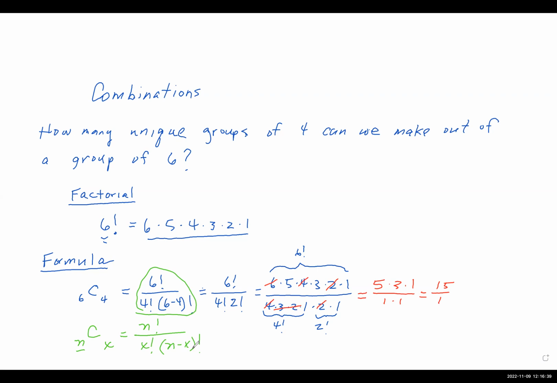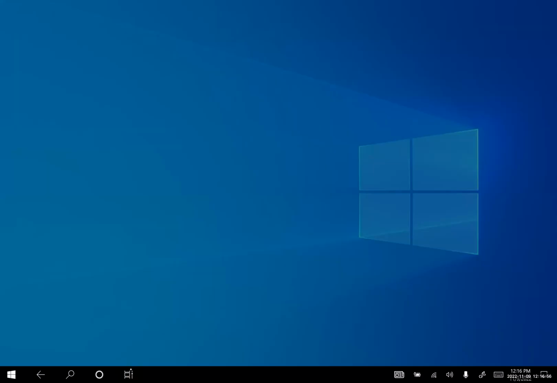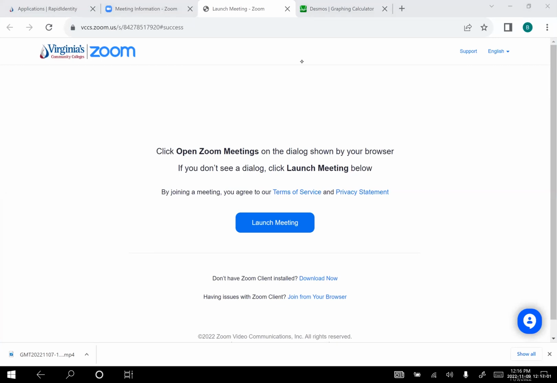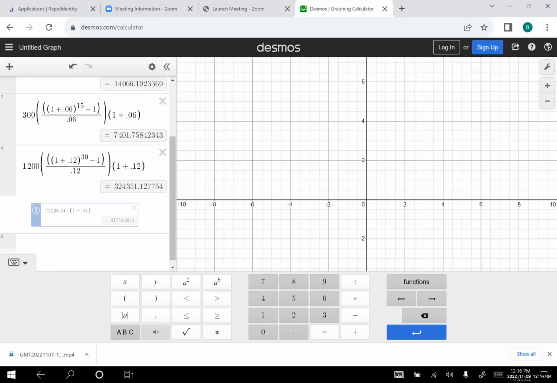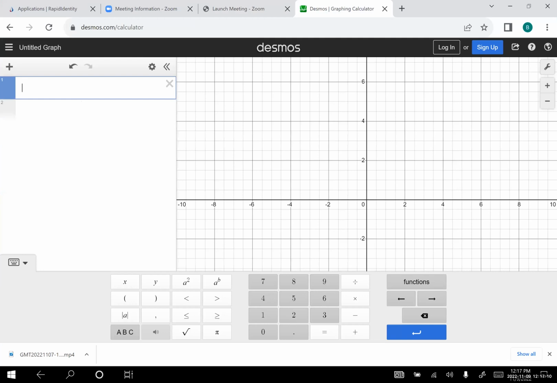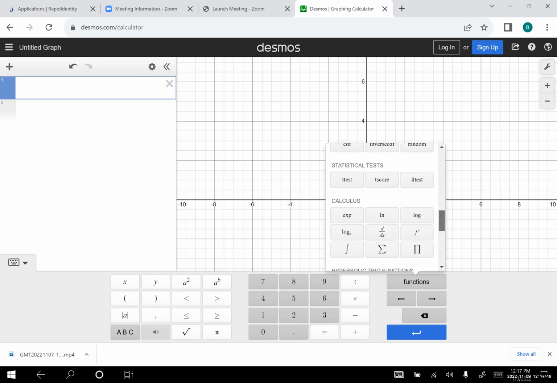And let me just show you where that is on the calculator, because maybe you don't even want to do that. If you're just trying to figure out a combination and you're like, I don't want to do all that multiplication, then you can go to our trusty little calculator here. Sorry, here's a bunch of other stuff for another class. And the button is under functions, or the combination formula.